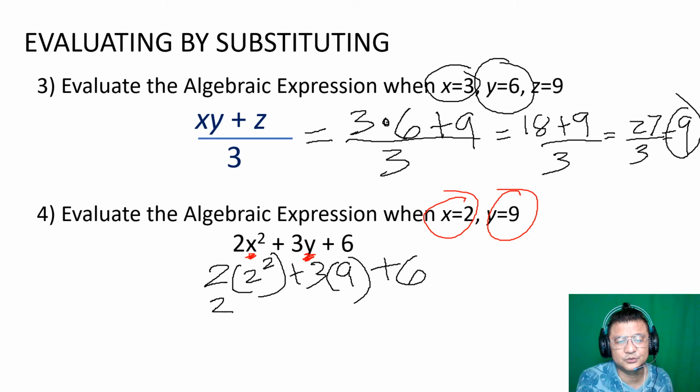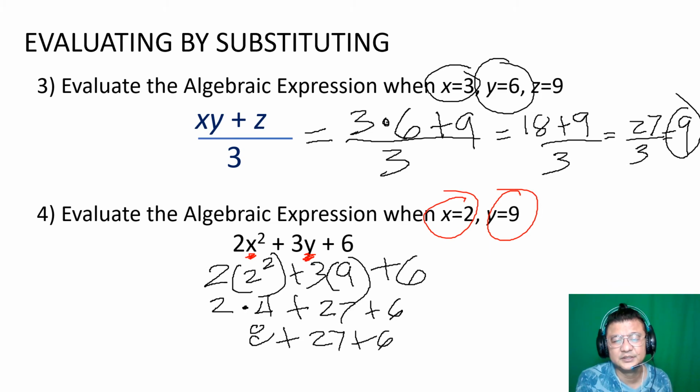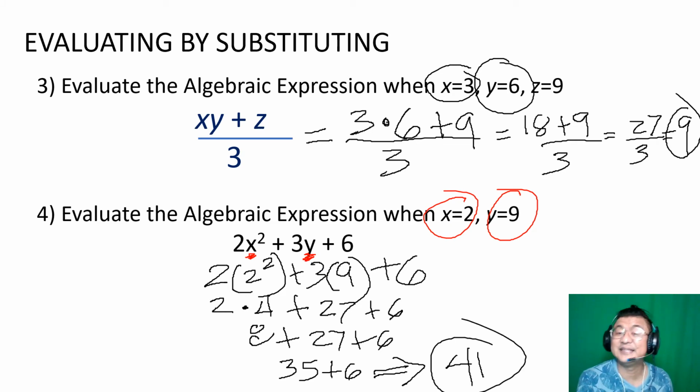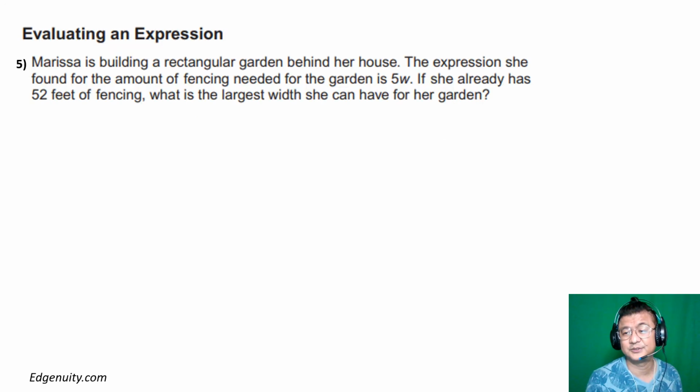Exponent first, so 2 times 4 plus 3 times 9 plus 6. Multiply first: 8 plus 27 plus 6. 8 plus 27 is 35 plus 6. 35 plus 6 is equal to 41. See, it's easy to evaluate, right? Simply substitute or plug in the given values.